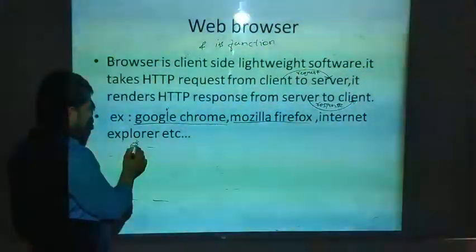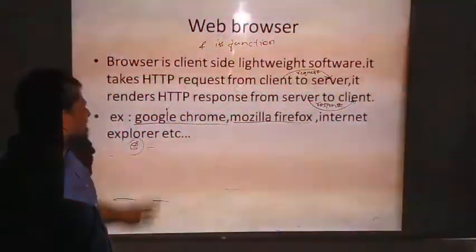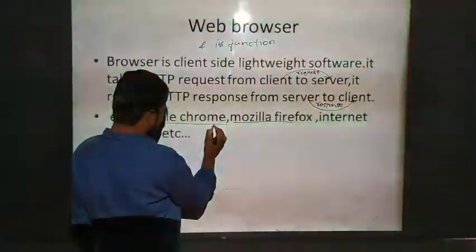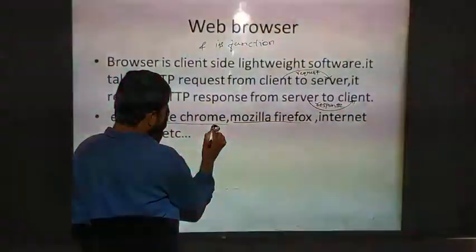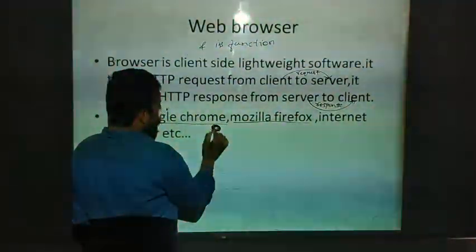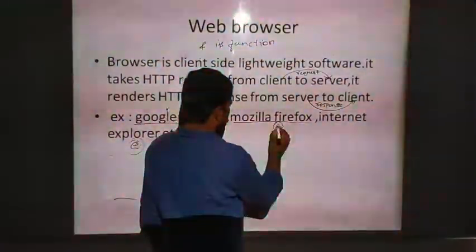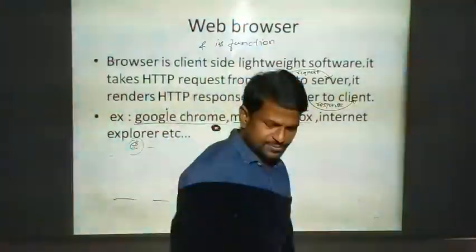For Google Chrome you will see two circles with different colors. And Mozilla Firefox is a globe symbol. So these are the web browsers.